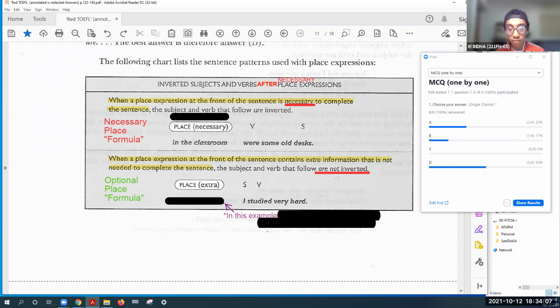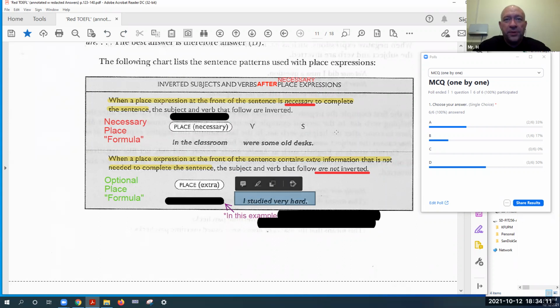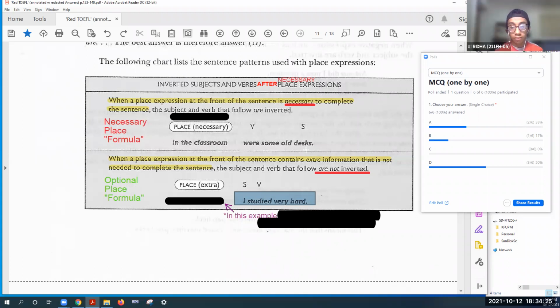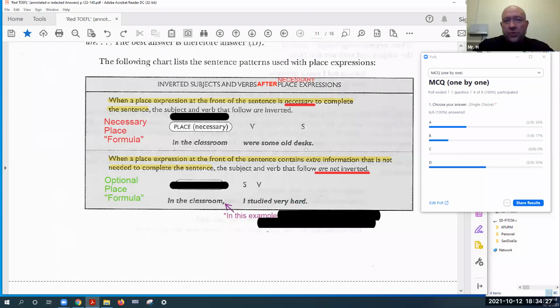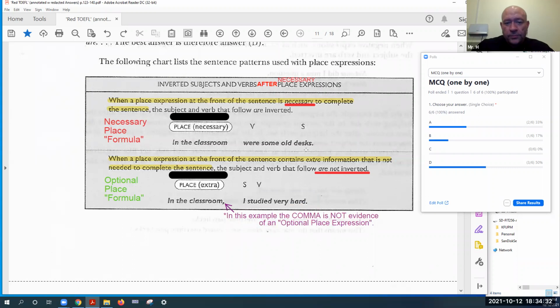Is this a complete idea? Yeah, definitely a complete idea. So if this idea is complete, the place expression is optional. We don't need it. It's not necessary to complete the idea. Now, I want you to read this. Osama, you read it.